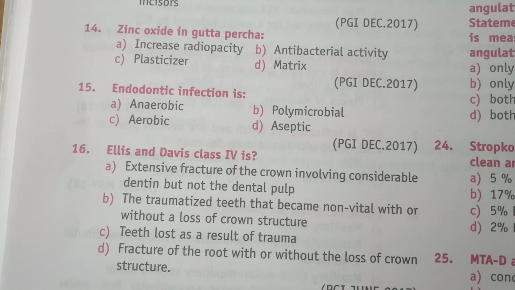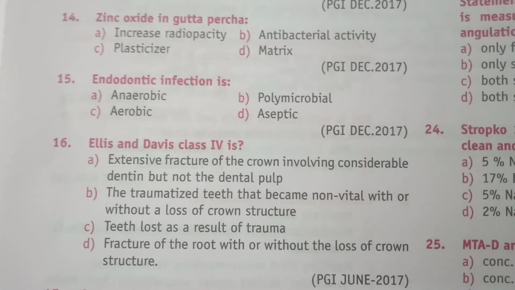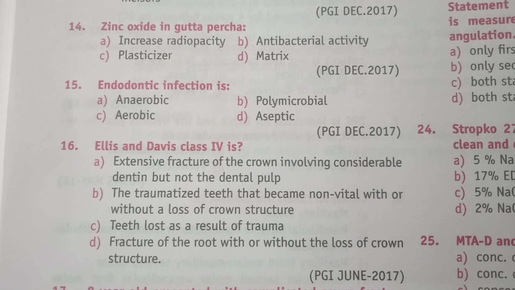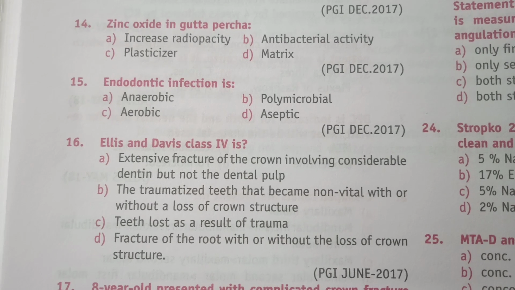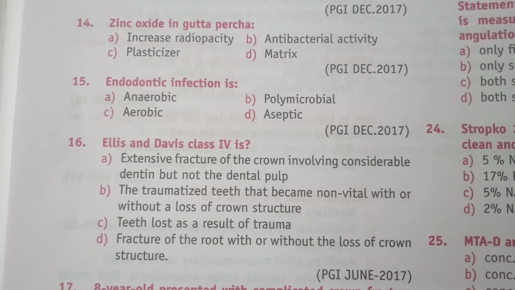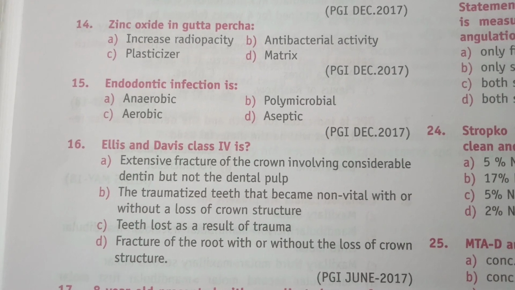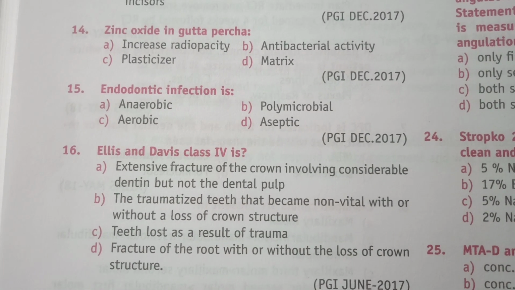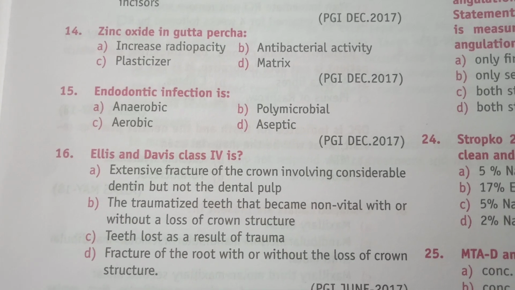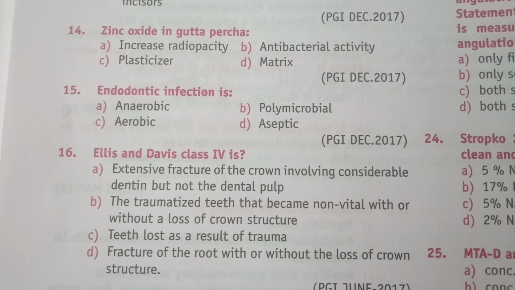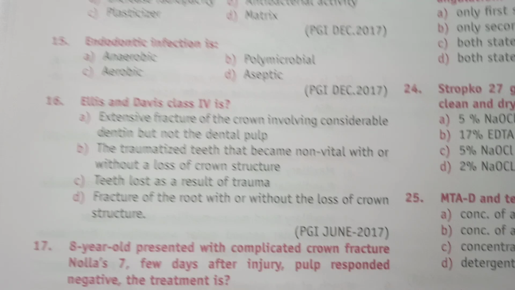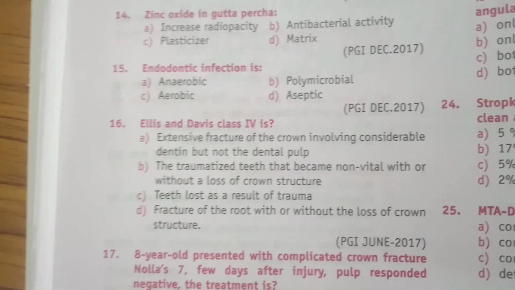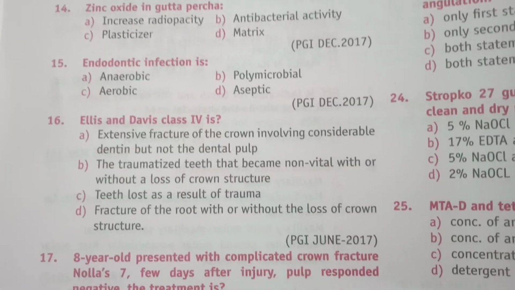Now Ellis and Davies class 4, I'll go directly, the answer is B: a traumatized tooth that becomes non-vital with or without a loss of crown structure. You need to recapitulate the Ellis classification. Please go to the textbook or explanation part.